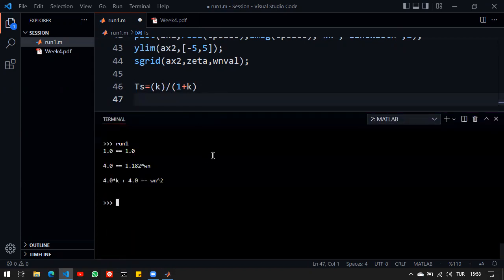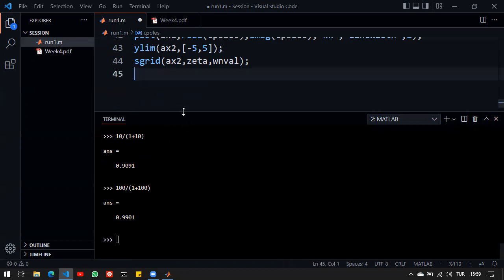So, for example, if I have k equal to 1, then this corresponds to, of course, 0.5. But if I use 10, I can see that it is 0.909. And if I increase furthermore, I'll see that it is almost equal to 1.